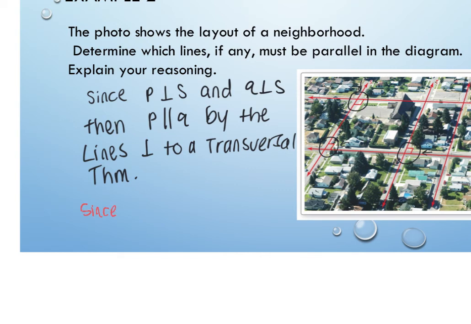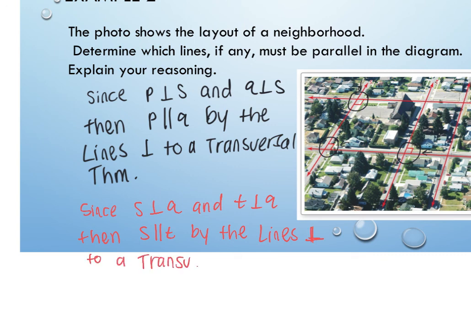Since S is perpendicular to Q and T is perpendicular to Q, then S must be parallel to T by the lines perpendicular to a transversal theorem.